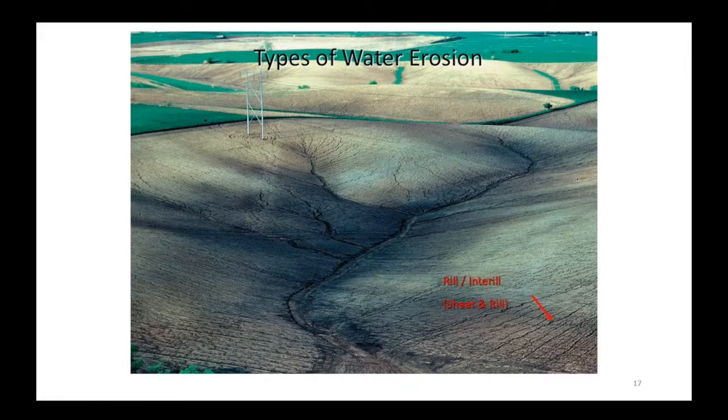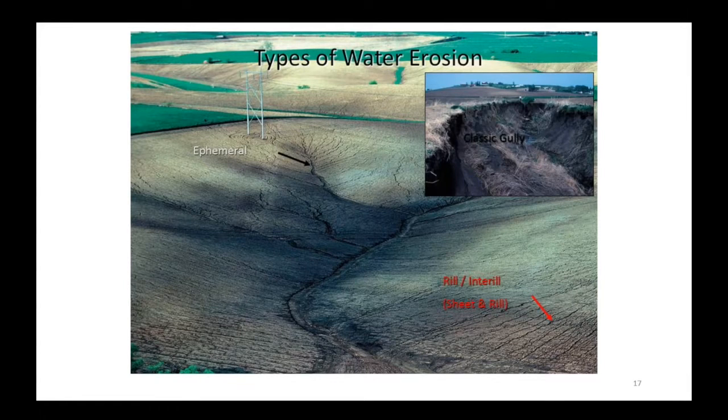And so sheet and rill erosion, a soil that's losing 5 tons per acre per year, just imagine that being the thickness of a silver dime over 1 acre. So a football field is about the size of 1 acre. Here we have ephemeral erosion, where water concentrates usually within 300 feet after overland flow, or sheet and rill flow off the landscape.